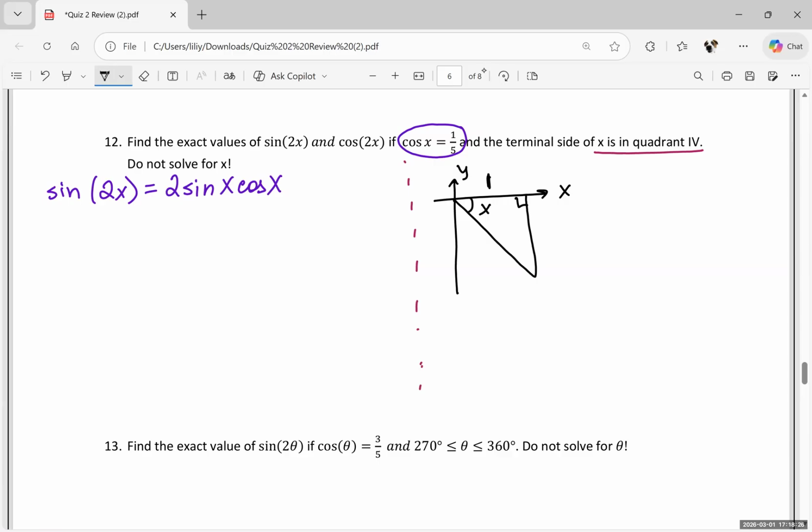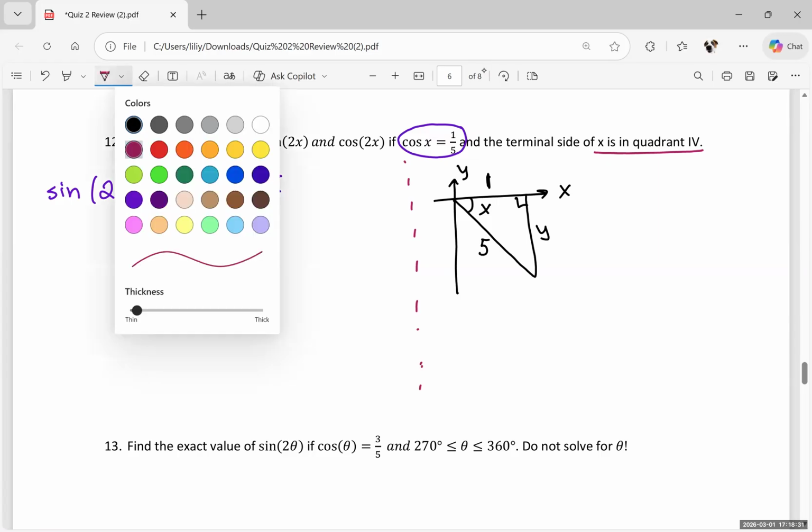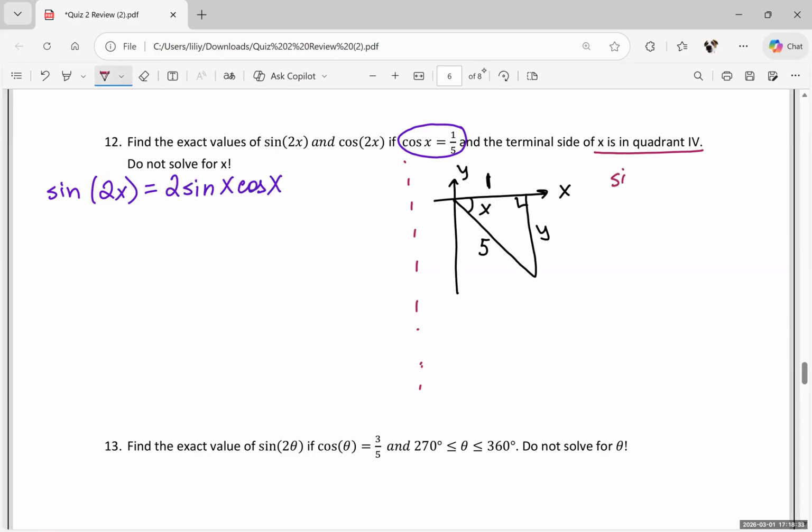Cosine is adjacent over the hypotenuse. I need to find the y value here, and what I'm looking for is sine x. So y squared plus 1 squared equals 5 squared. y squared equals 24. y equals the square root of 24, which is 2 square roots of 6.